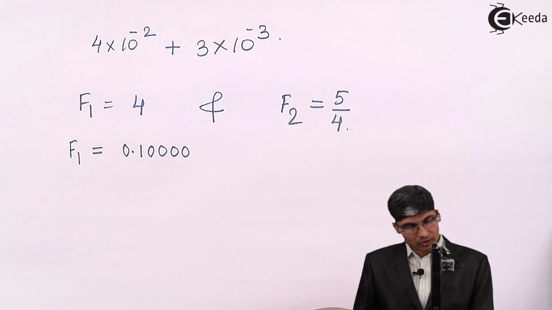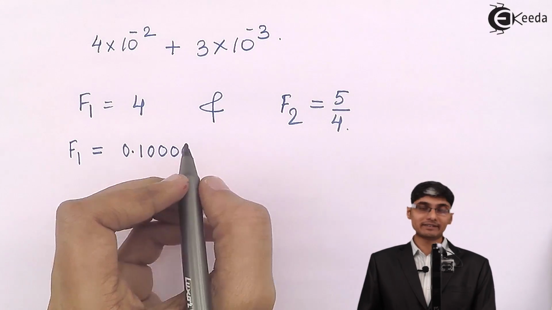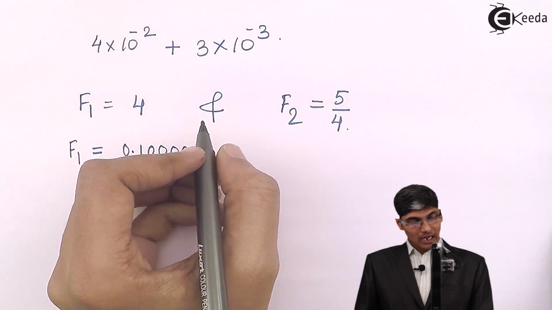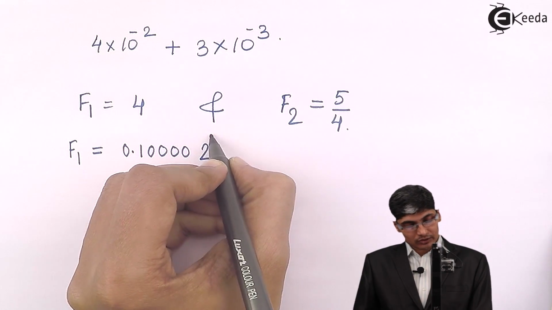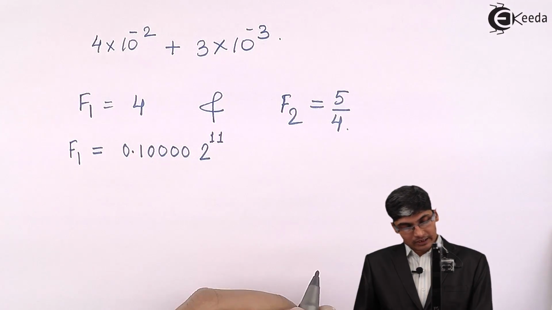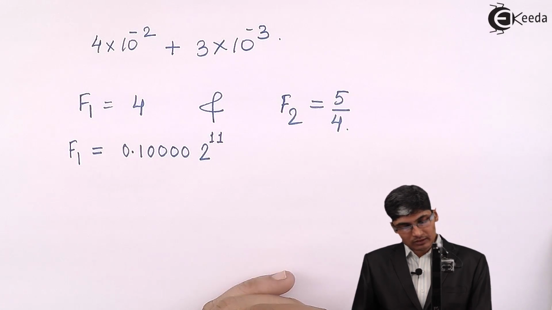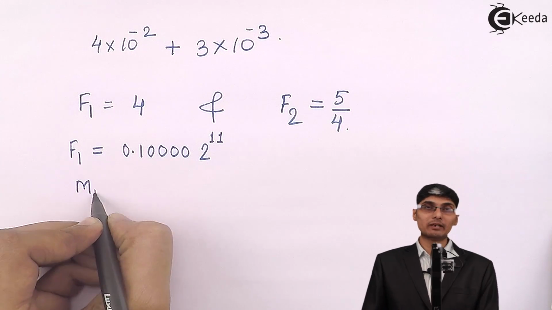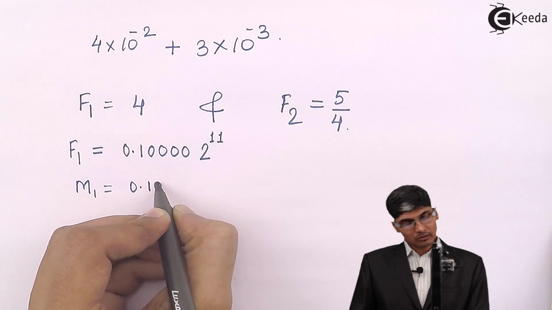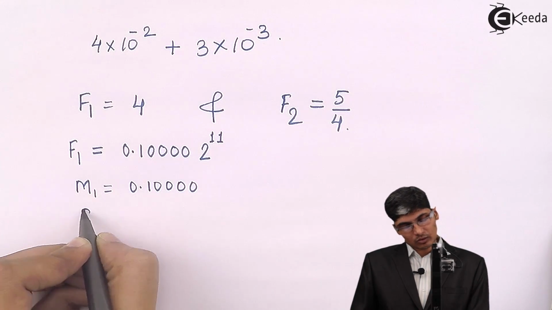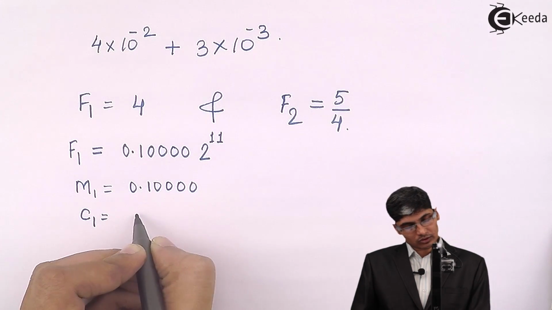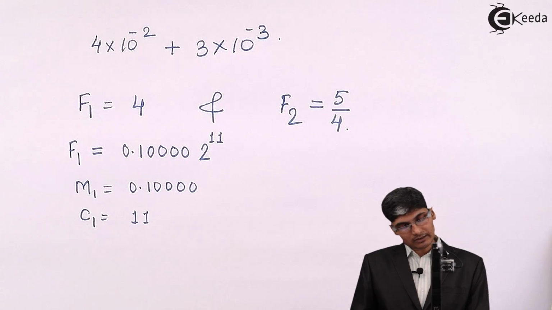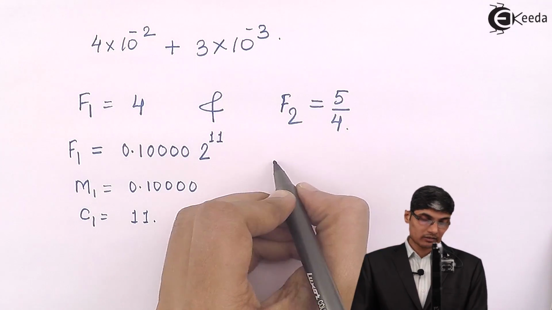This is my mantissa. The characteristic is in 2 bits, that is 2 raised to 1, 1. So here my m1 is 0.1000 and c1, the characteristic, is 1, 1.